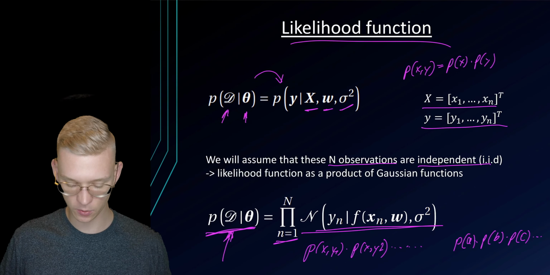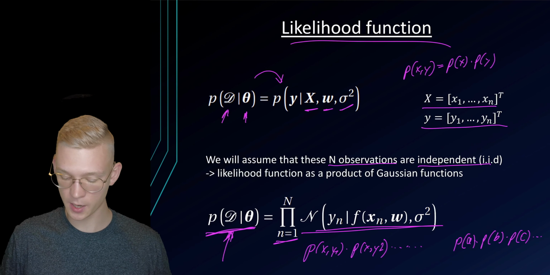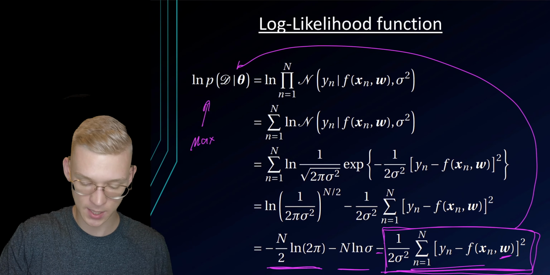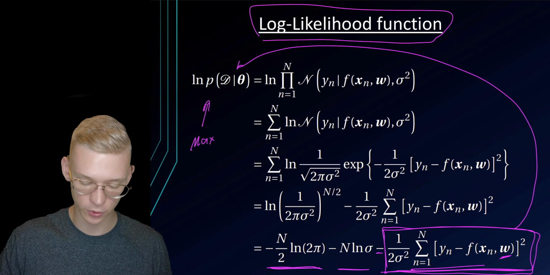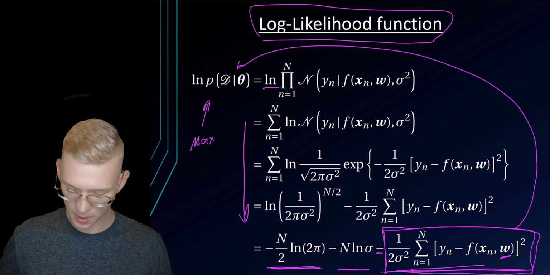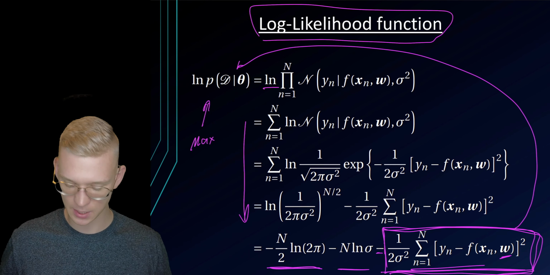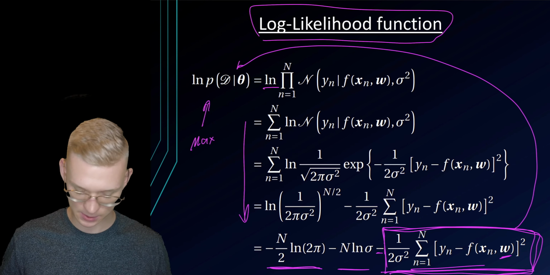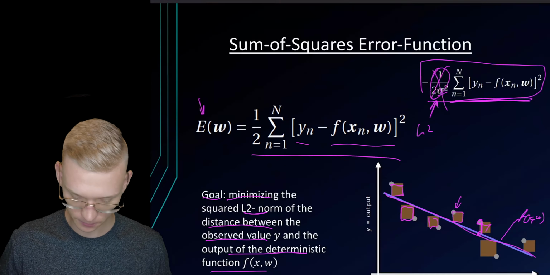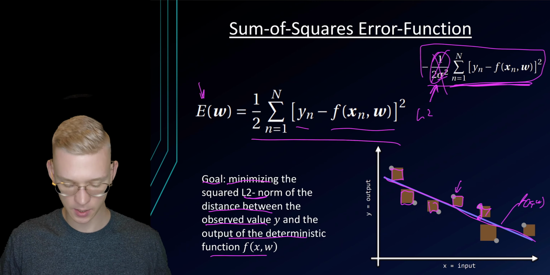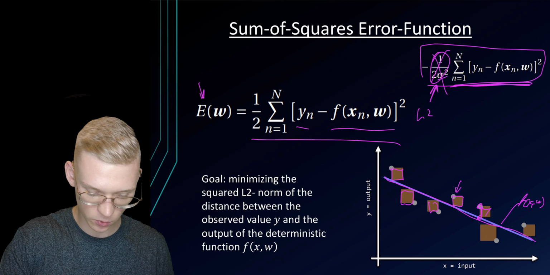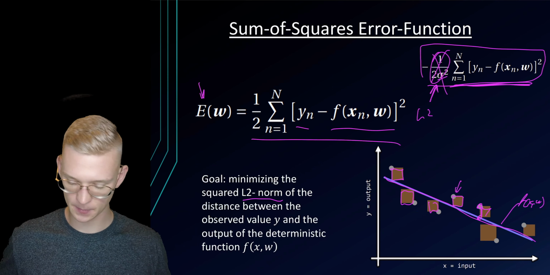Then we said that our observations are independently and identically distributed. We take the log likelihood of our function, use the rules of the logarithm, and get to this expression that we are trying to minimize. This is the sum of squares, simply the L2 norm that we try to minimize.